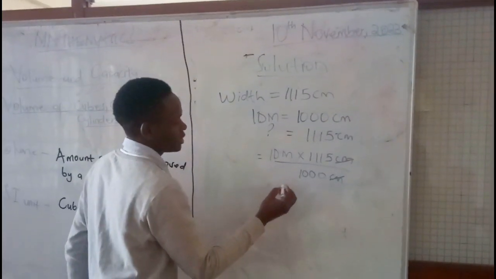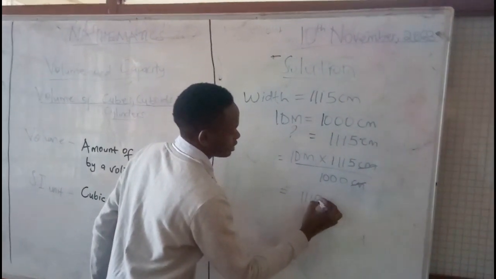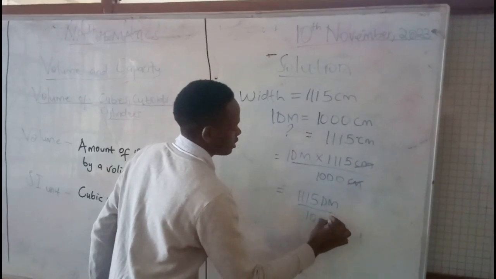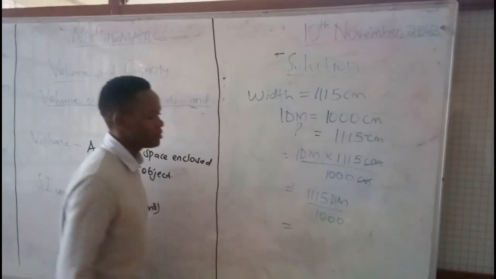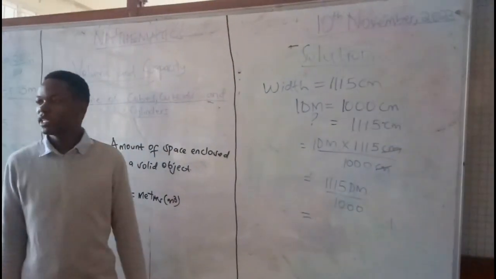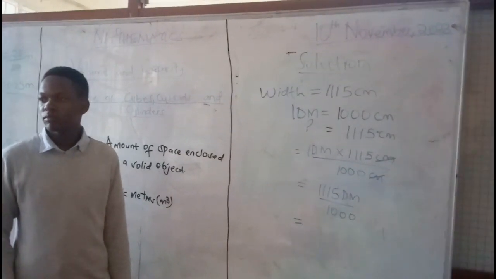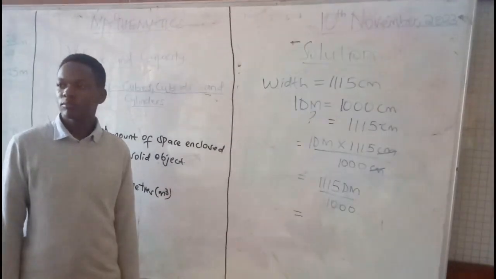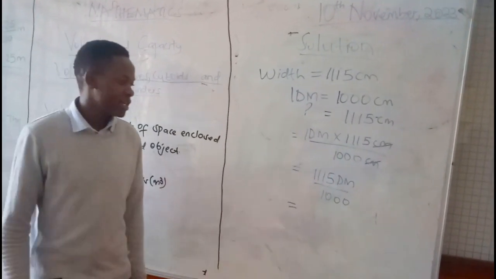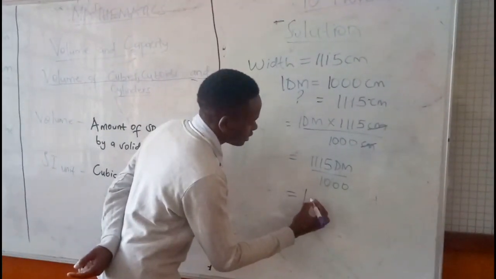So we get 1,115 decameters divided by 1,000. What do we get? Yes, 1,115 divided by 1,000 is 1.115.